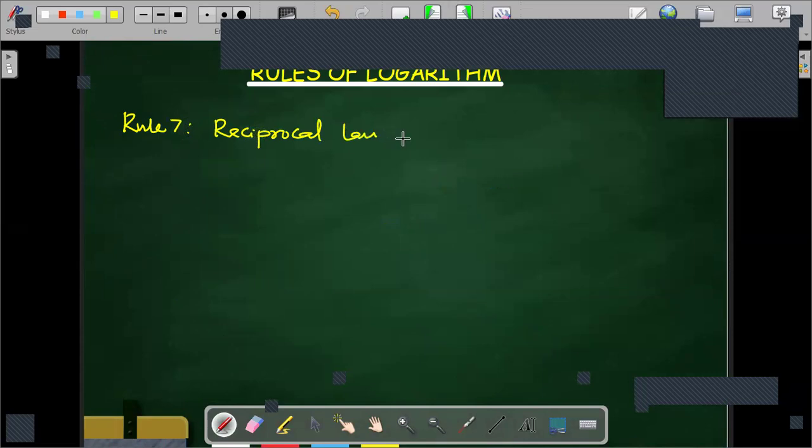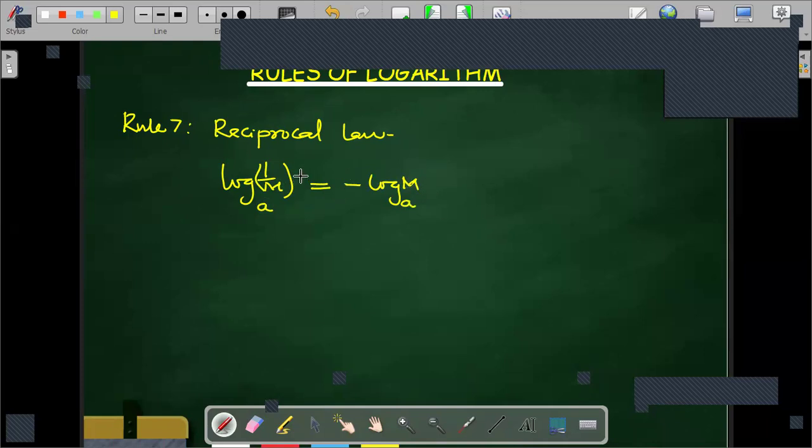This is the logarithm of the inverse of a number m, 1 over m, to a base a, is the same as negative logarithm of m to base a. Okay, this is called the reciprocal law.